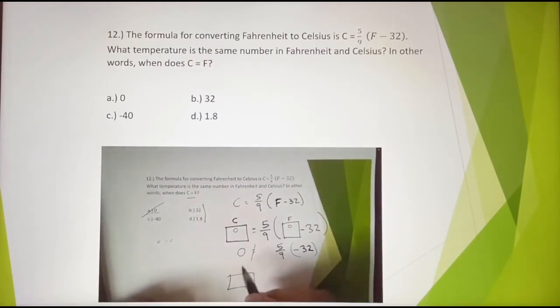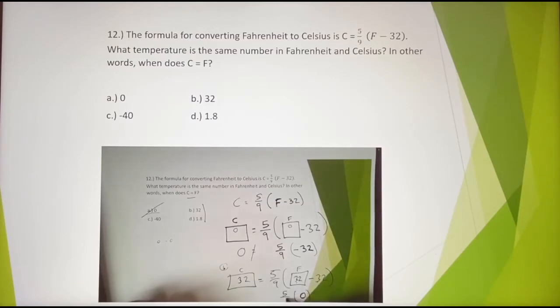I can do the same thing now for B. So B, it tells me to plug in 32. So 5/9, my Fahrenheit, 32, plug that in, minus 32. So on B, we're going to take what's inside the parentheses first, 32, and I'm going to subtract 32 from it. 32 minus 32 is 0.